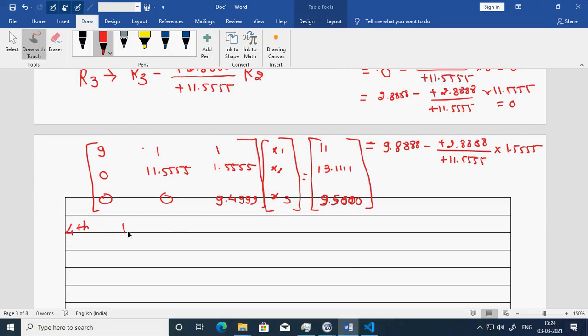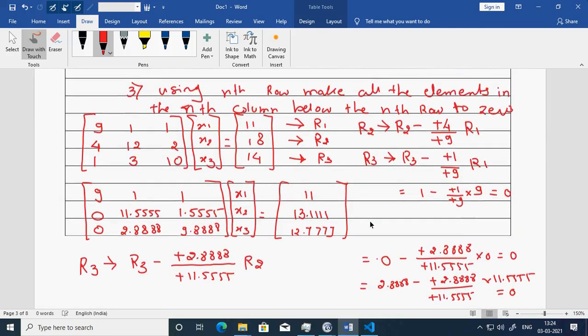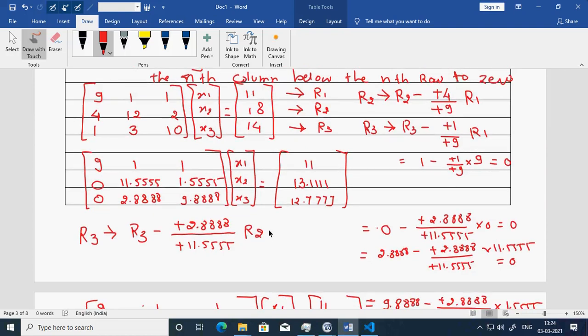Now I am going for the fourth, that is the back substitution method. Now you could realize here, if any of the diagonal elements is 0, let us say this R2 is 0, then R3 will never become 0, because we want to make this 0.